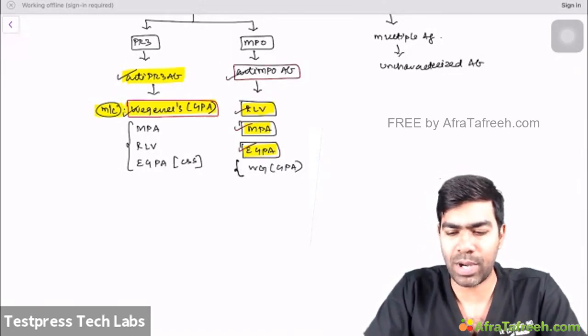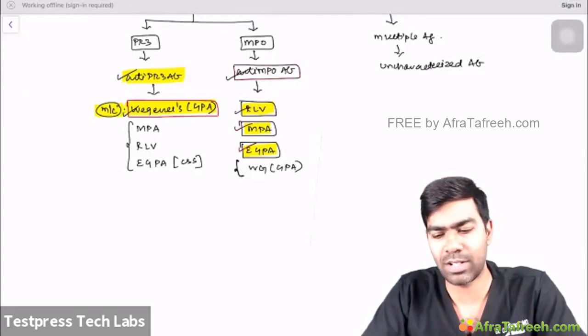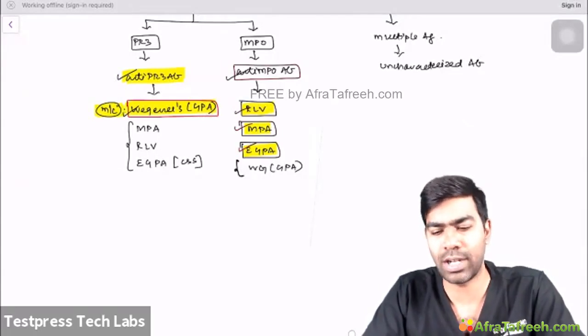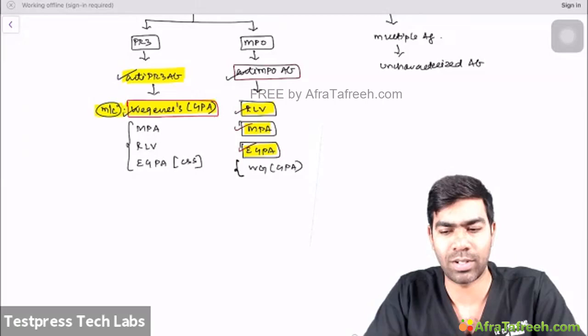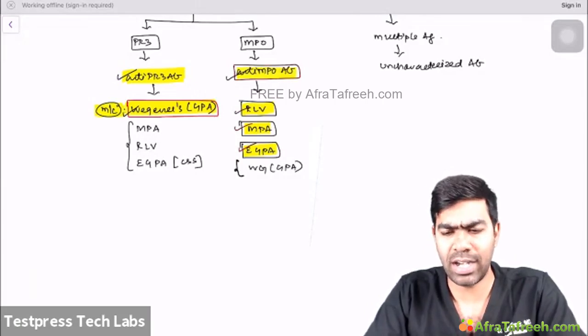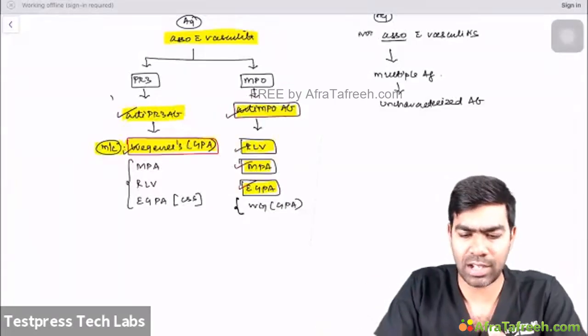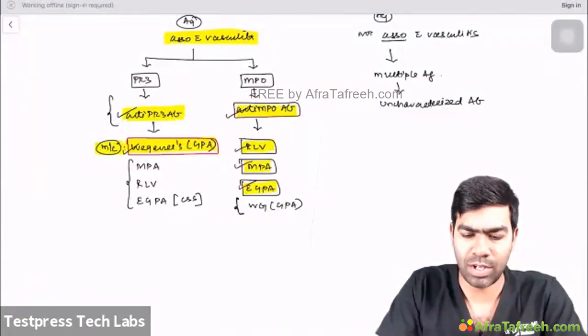If it's anti-MPO antibody, I can probably think about a renal limited vasculitis or MPA or EGPA, but I cannot surely tell that it is one of these three vasculitis only. So what I'm trying to tell is this presence of this antibody surely tells you there will be some form of small vessel ANCA-associated vasculitis for sure.